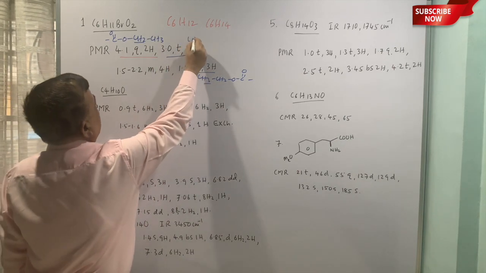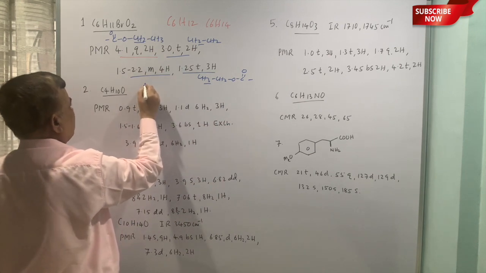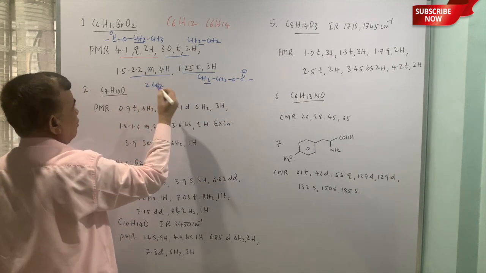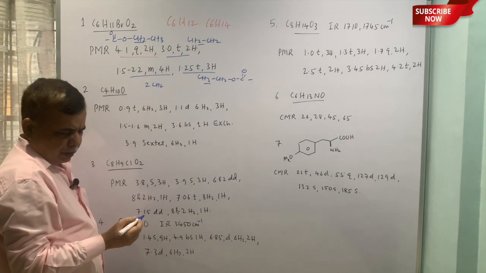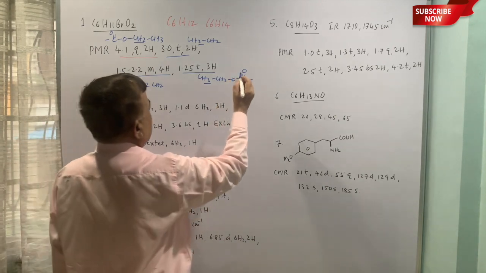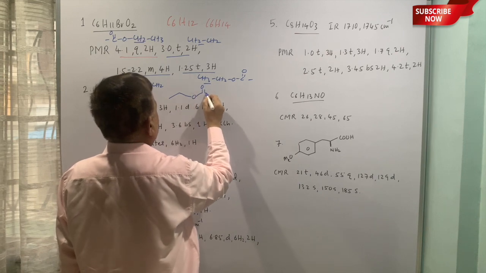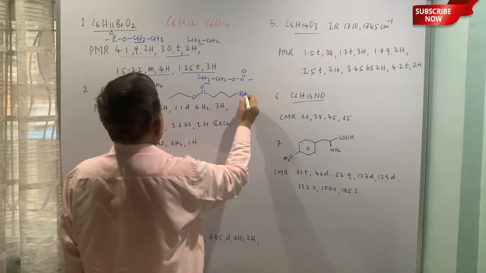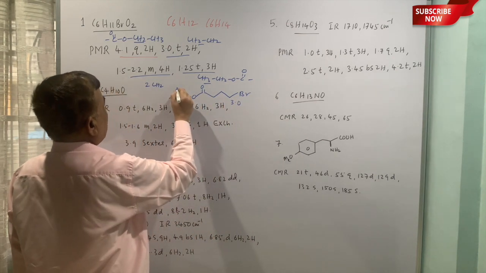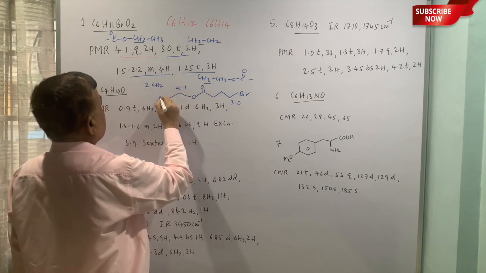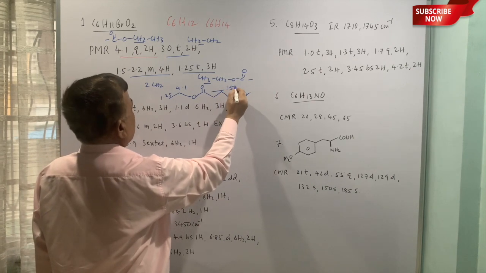Triplet 2 proton, CH2 having CH2 as a neighbor, and multiplet 4 proton, maybe 2 CH2s and having methylene as a neighbor. So if we put all these things together, 3 delta is 4.1 delta, this is 1.25, and these 2 are 1.5 to 2.2 delta.